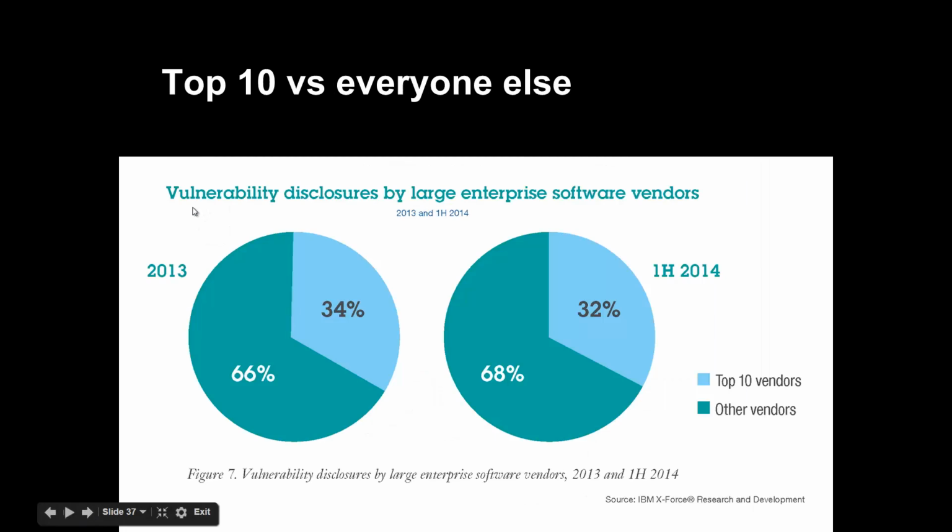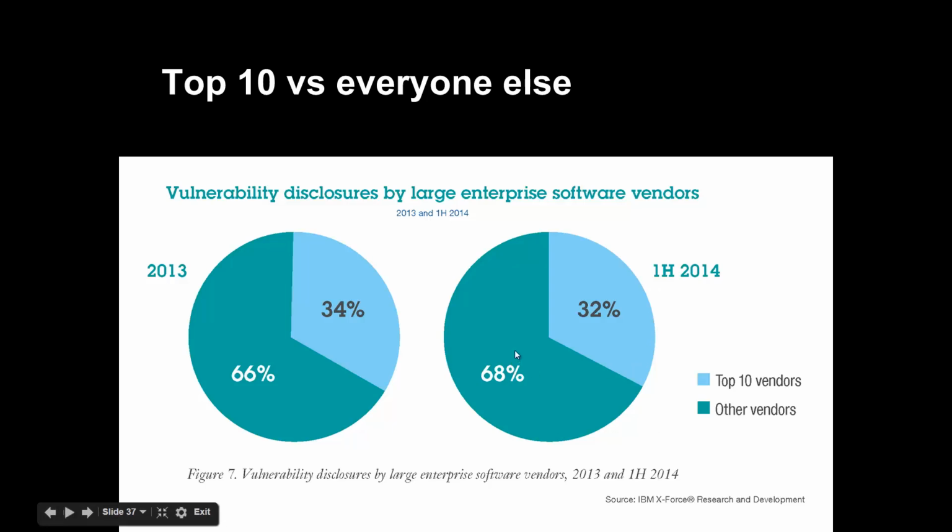This next graph shows vulnerability disclosures by large enterprise software vendors. The top 10 vendors have had a steady share of the disclosed vulnerabilities in the marketplace over the 2013 and 2014 period.